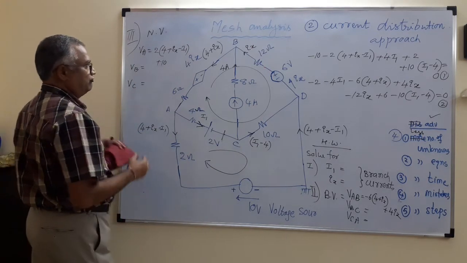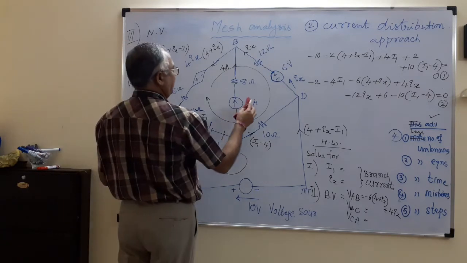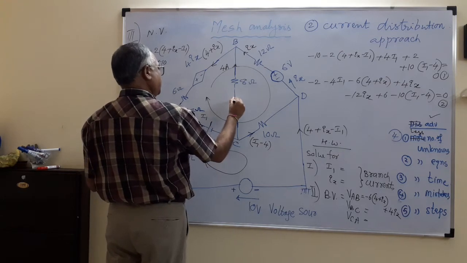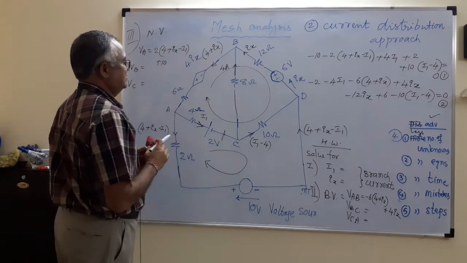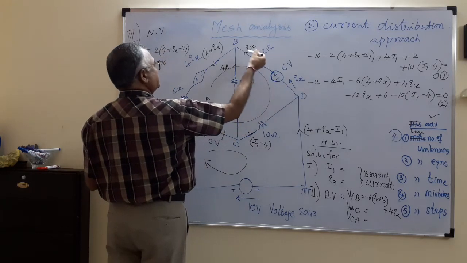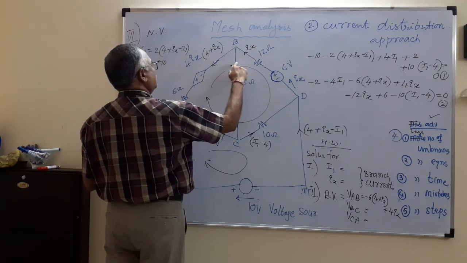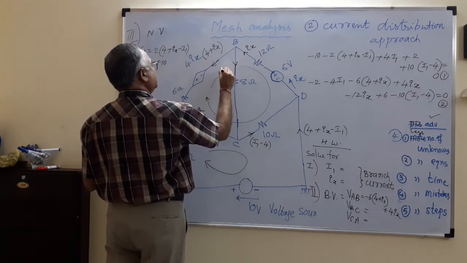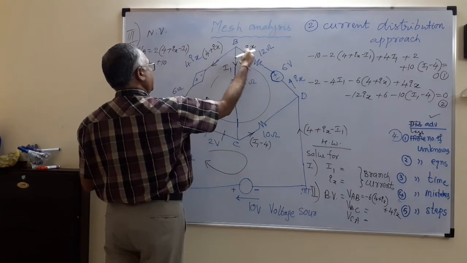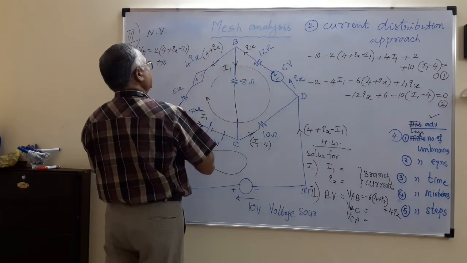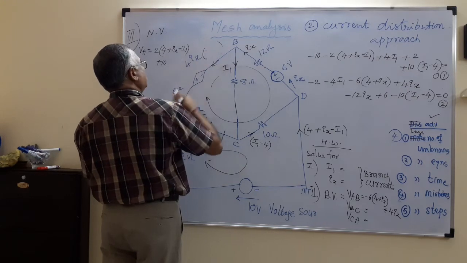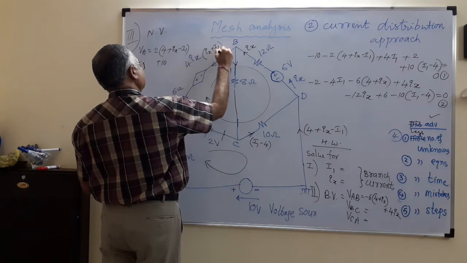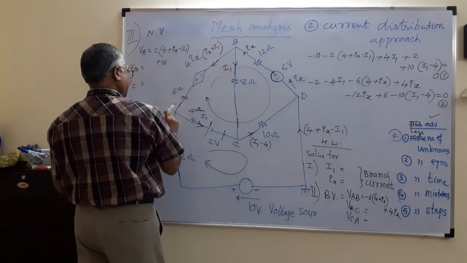Now further in this problem, imagine this is not there. If this is not there, what are the changes? So again started here with Ix. What is the current in this branch? Don't know. Again introduce one unknown, I1. Ix already there, now I am assuming I1. What is this current now? It is Ix plus I1. Ix plus I1 coming here.